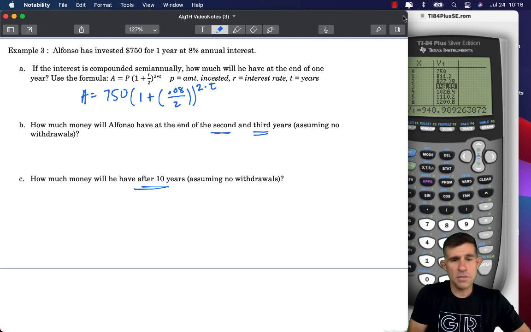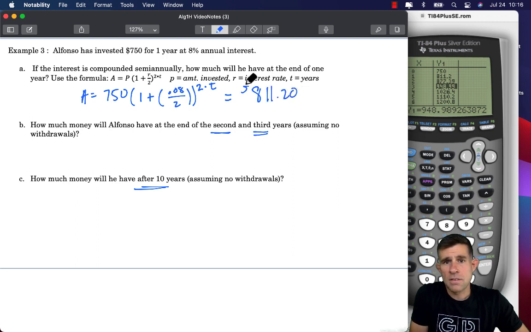On your notes, then, you should make note that after the first year, that $750 was $811.20. After the second year, so our A of t here, oh, actually, you know what? Let's write this in sequence notation, not function notation.